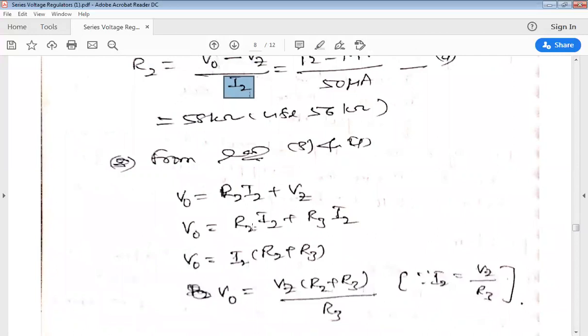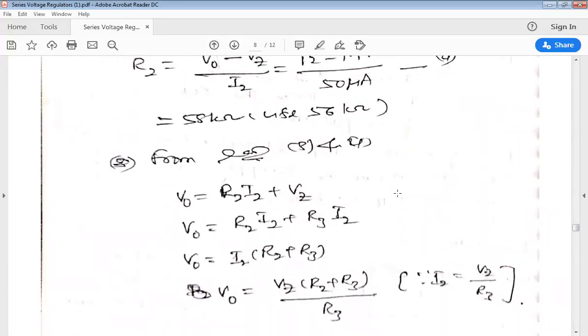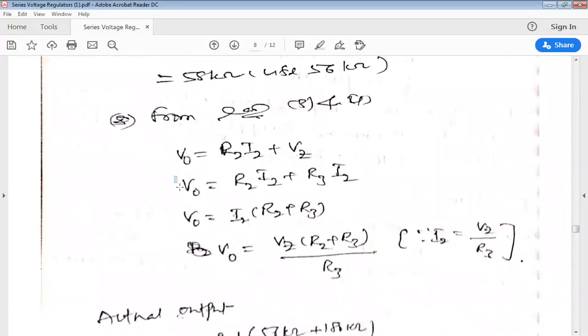What will be the value of Vz? Vz is equal to R3 into I2. That one again I'm going to write: V naught is equal to R2 into I2 plus R3 into I2, where Vz is R3 into I2 from equation 3.